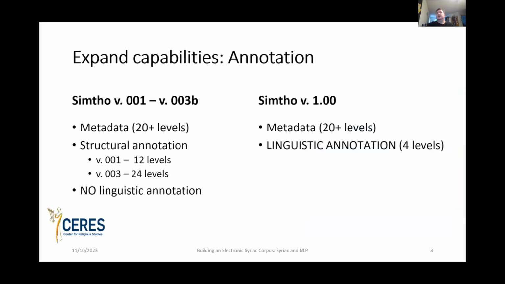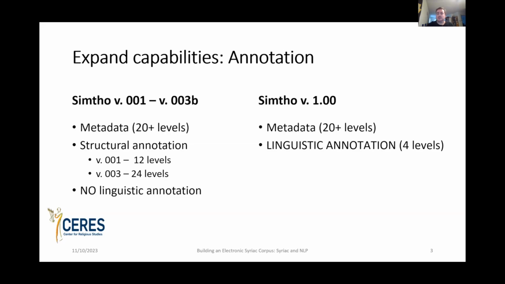But in order for Simtho to achieve its full potential, we need more annotation, and that especially concerns linguistic annotation. So far, there have been three versions of Simtho: version 1, version 2, and version 3b, the most current one. In all of those, we focused on providing both metadata annotation and structural annotation.